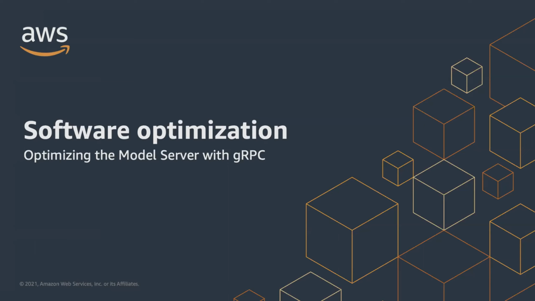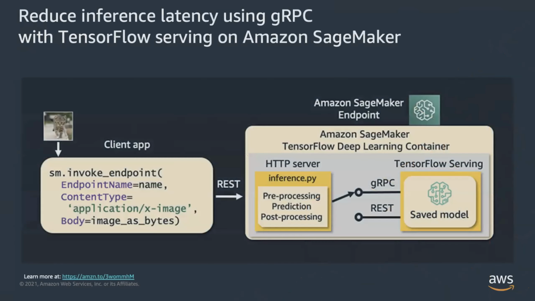And when mentioned about the software optimization, for people who work with the TensorFlow model, there's also a way that you can change a small line in your inference code applied in the SageMaker prediction script.